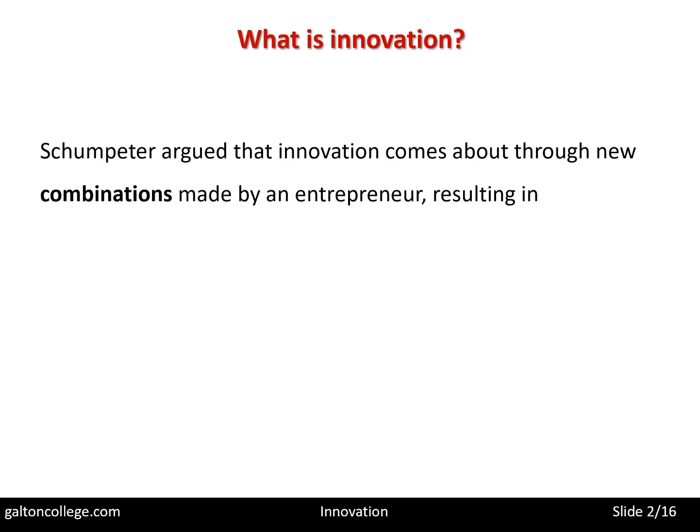So, first of all, we encounter Schumpeter. He was one of the earliest writers in this area. And Schumpeter came up with a lot of interesting ideas about innovation, but certainly his biggest contribution was to alert the academic world to the importance of innovation and to the determinants of change and the implications of change.